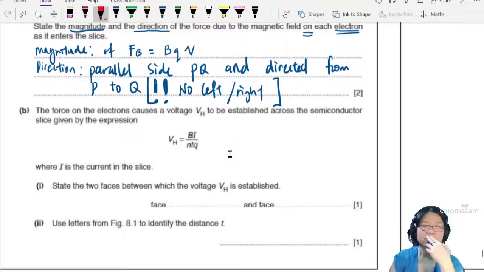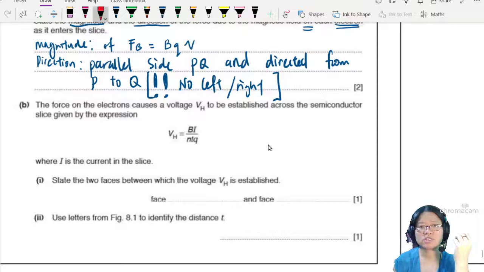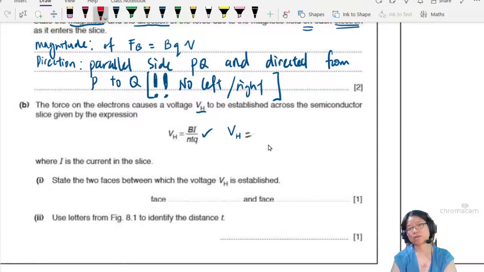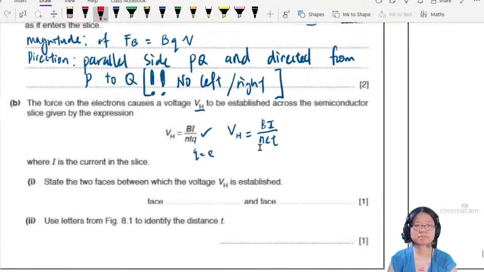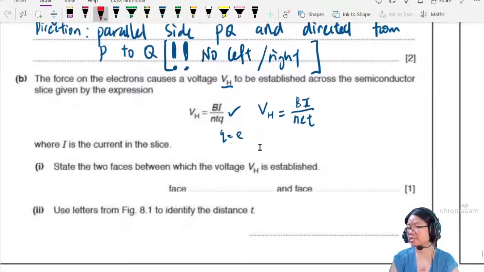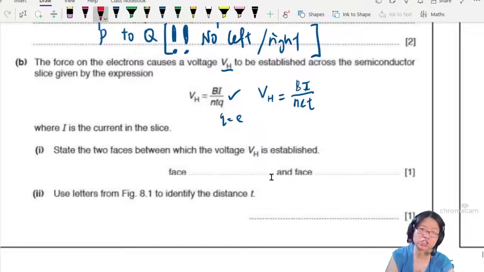All right, so the force on the electron causes a Hall voltage VH to be established across the semiconductor and is given by this equation. The equation that I like to use is BI over net, but they are the same equation. So instead of BI over NET, this Q is equal to your E, and the N and T will be the same thing. So state the two phases which the VH is established.